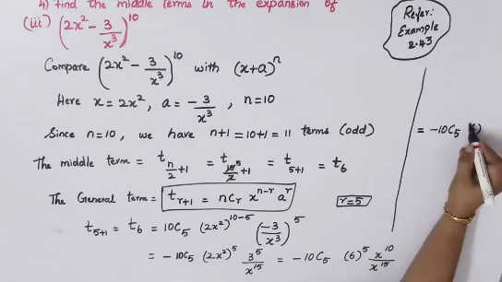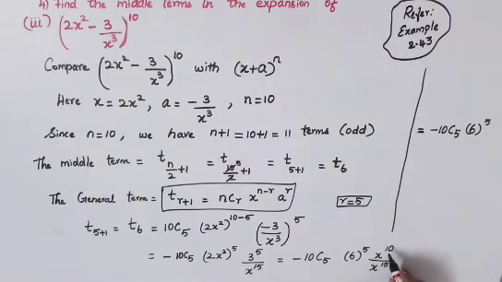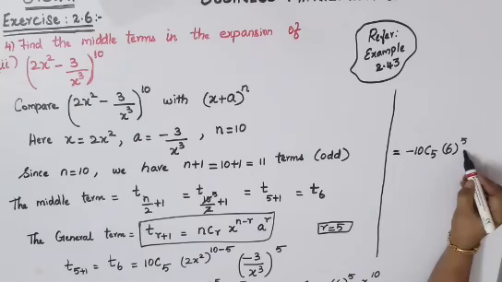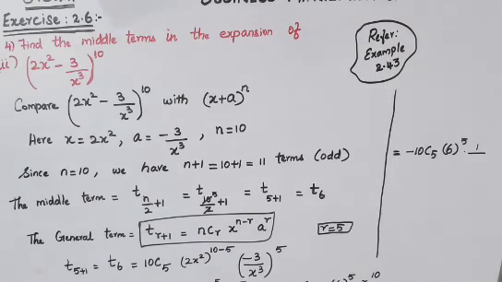6 power 5 is also as it is. I'll take this term towards the denominator, because the denominator power is the highest.